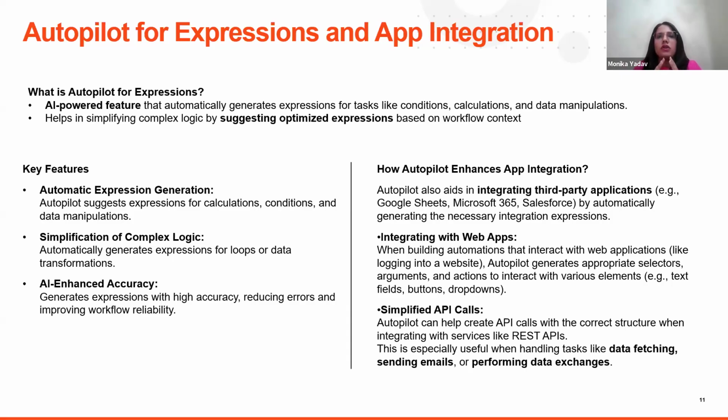Autopilot for expressions is an AI-powered engine built in Studio Web that automatically writes the expression for you, whether you are dealing with conditions such as if, else if, or comparison, or calculations such as math, percentage, or string length, or data manipulations such as data table, JSON parsing, and string formatting, right?